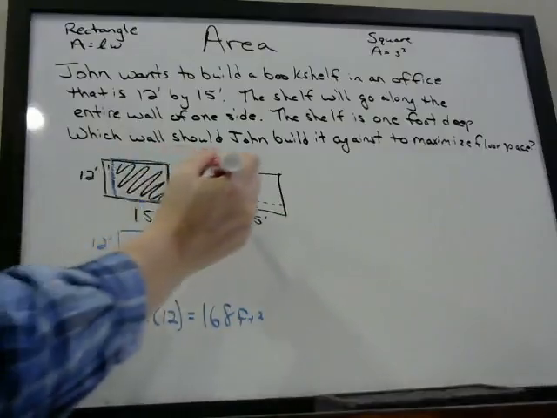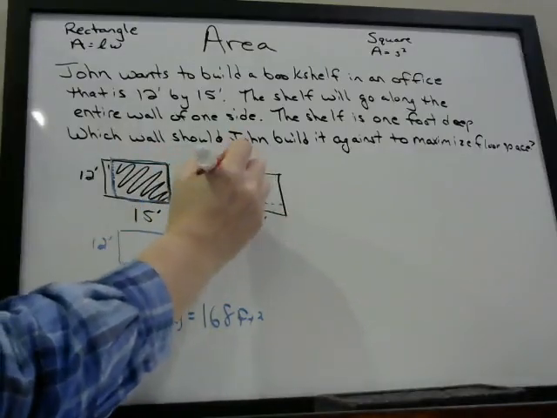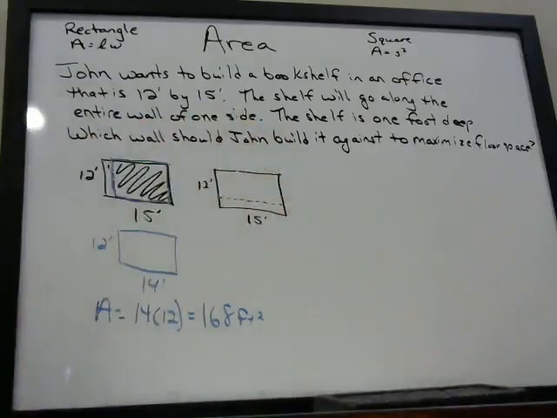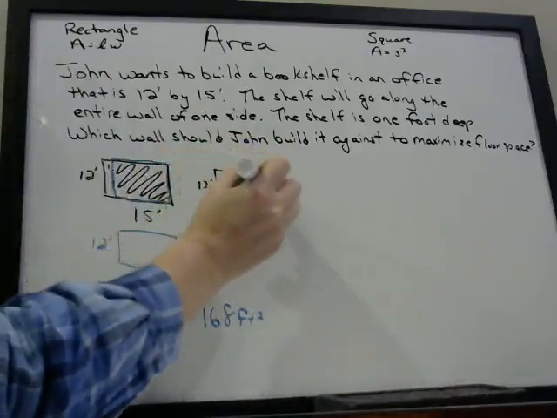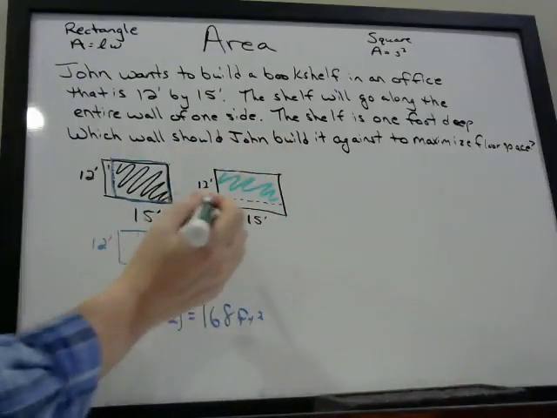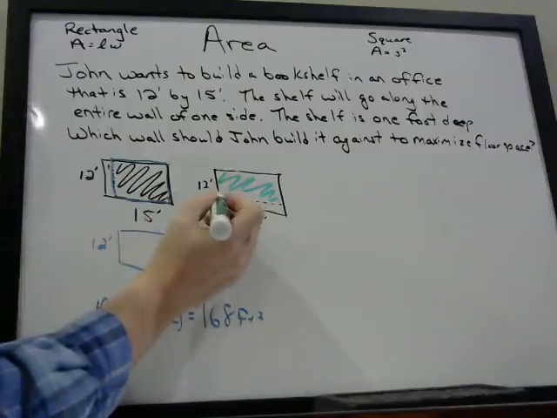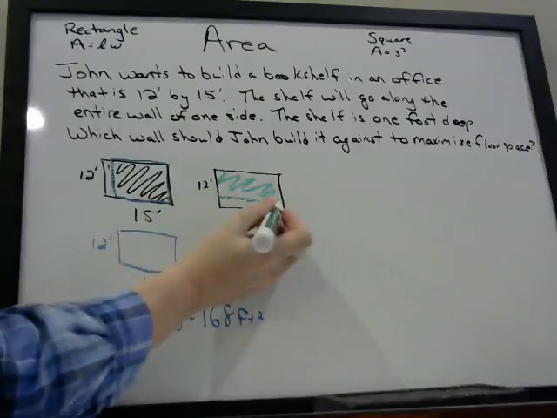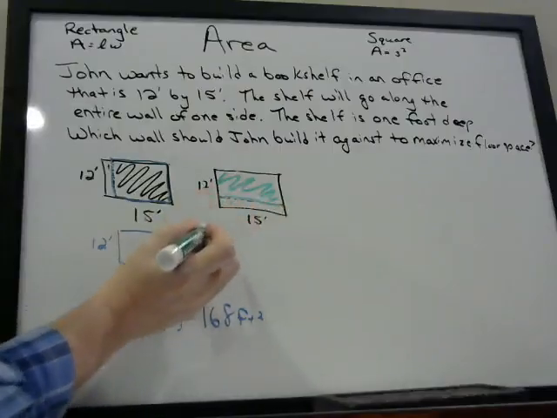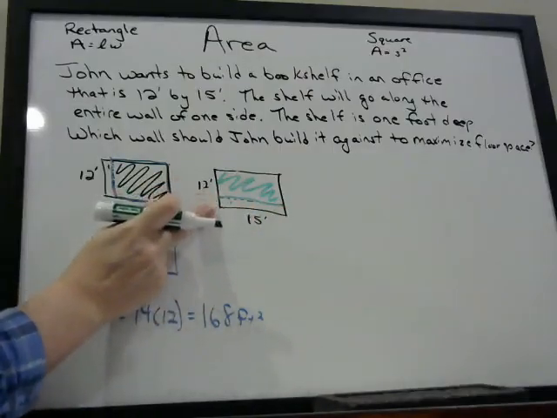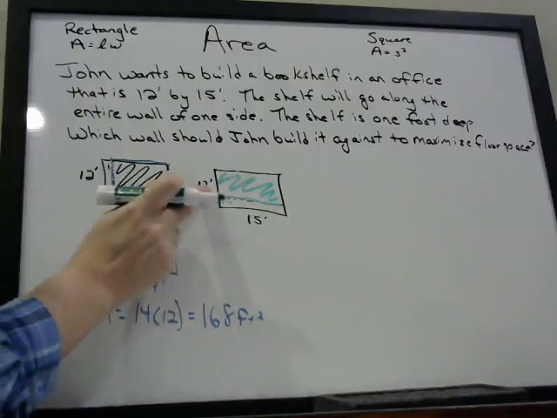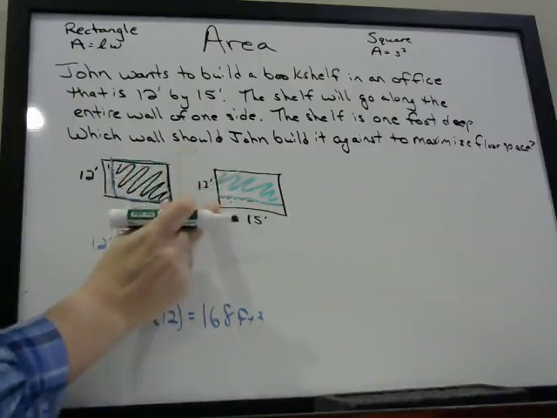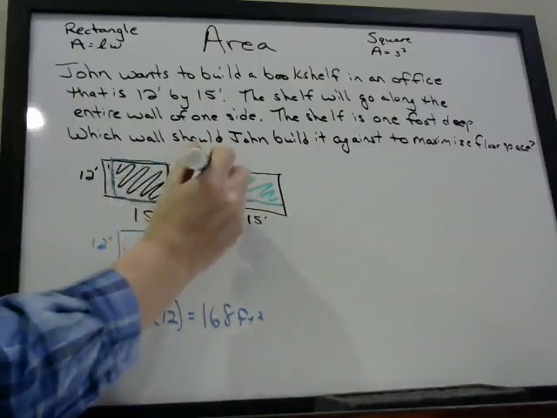Well, now we want to show what's the area in here. The length, he hasn't taken anything off of the length, so the length is still 15 feet. But remember, the bookshelf is a foot wide. So now we've lost a foot. Here we had a 12-foot wall, but we've lost a foot.